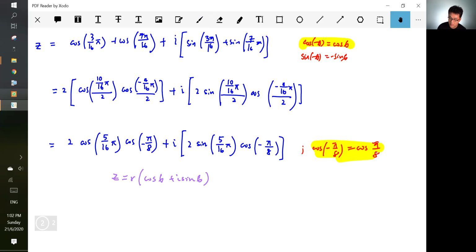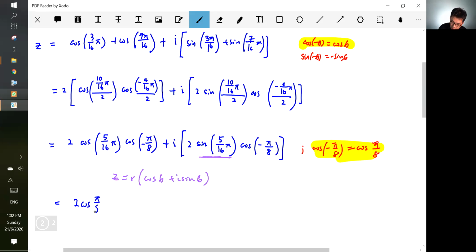So you leave the sine with the i and bring the cos out. Okay, so factorize. What I'm going to do is factorize the 2 cosine pi over 8.